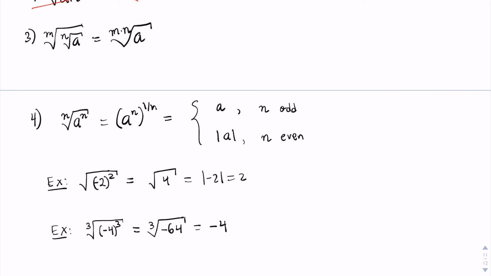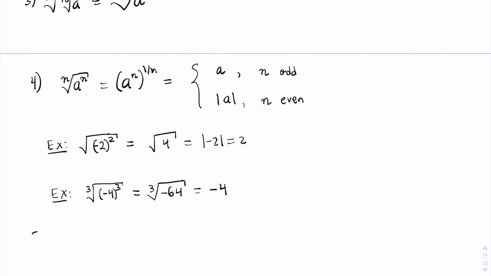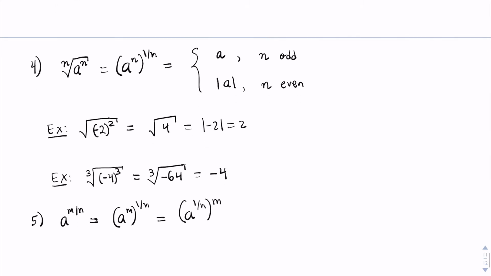So just know that. And then here's another rule. Let's add this one, number 5. Say you're doing a to the power m over n. You can think about it as a to the m and then raised to the 1 over n, or you may think about this as a to the 1 over n, then raise this to the m power, or you may even write it in different forms.